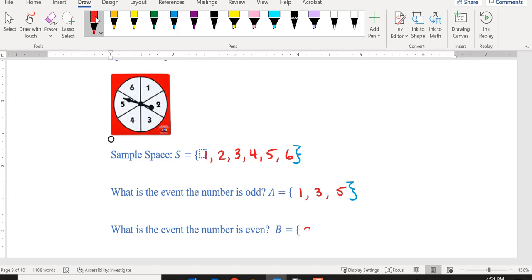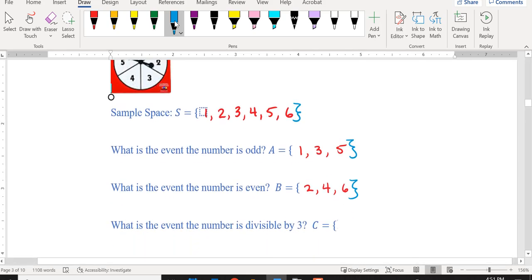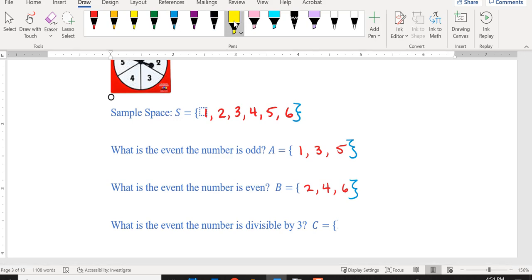Well, that would be the event 2, 4, or 6. What is the event the number is divisible by 3? So which numbers in the sample space are divisible by 3? It's only 3 and 6.